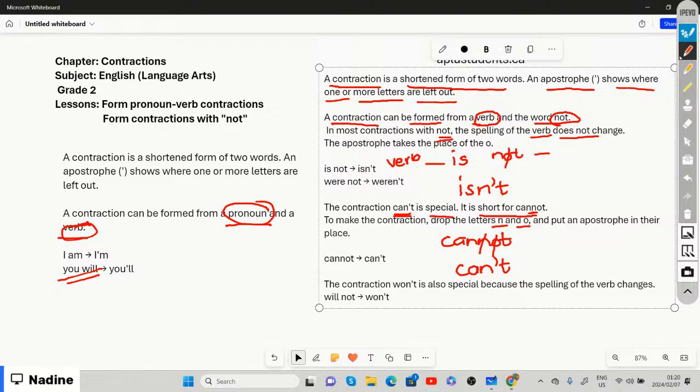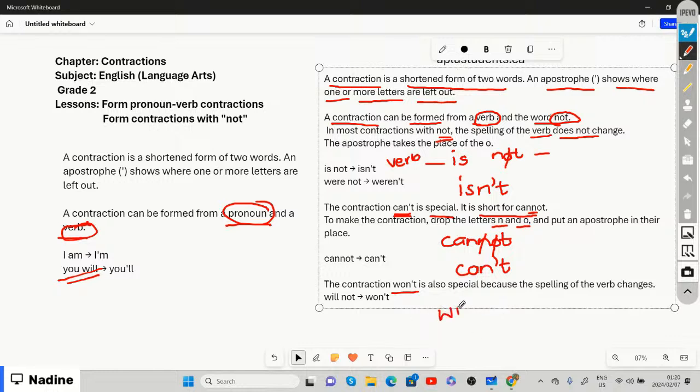And then another contraction which we say is special is the word won't. Because it's as if the word has changed. Because if we say, I will not take out the trash.